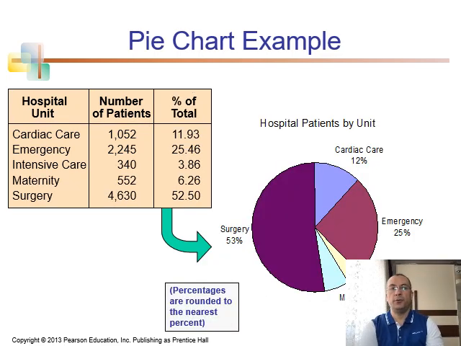We can also visualize the same graph using a pie chart. The pie chart shows us that surgery is 53%, emergency is 25%, cardiac care is about 12%, and we also have maternity and intensive care.